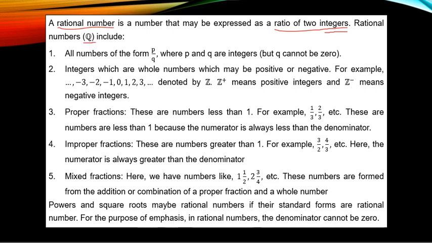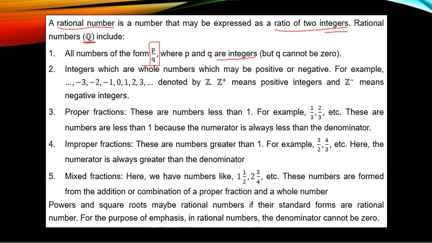The notation for rational numbers includes all numbers of the form P divided by Q, where P and Q are integers.